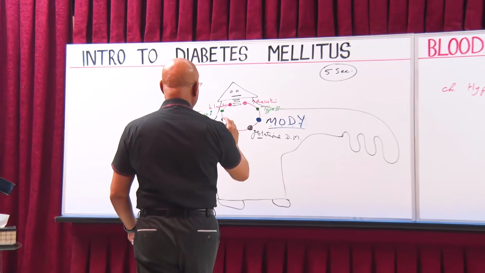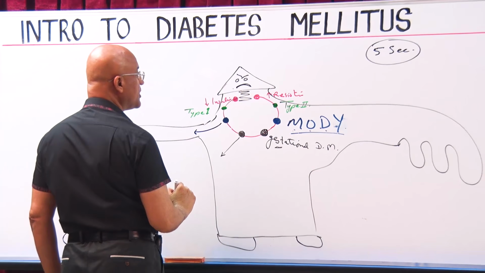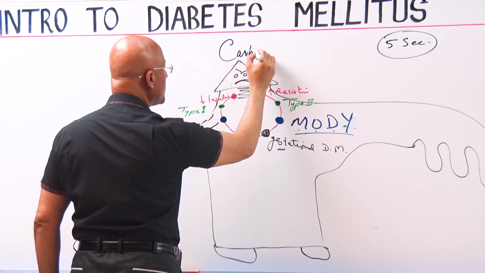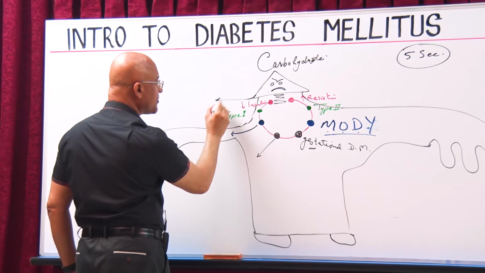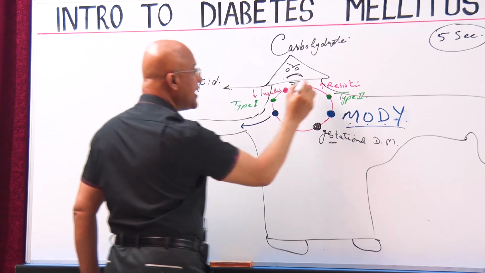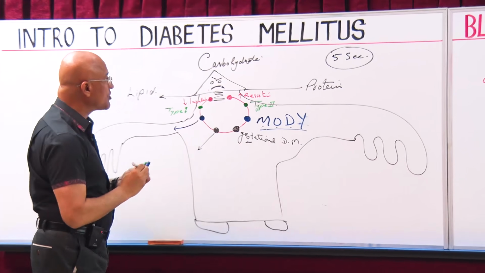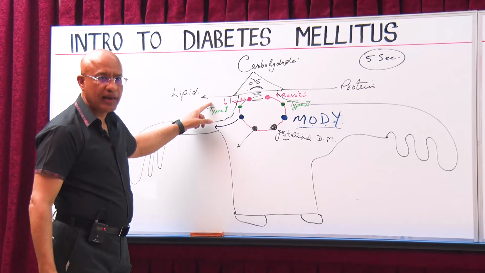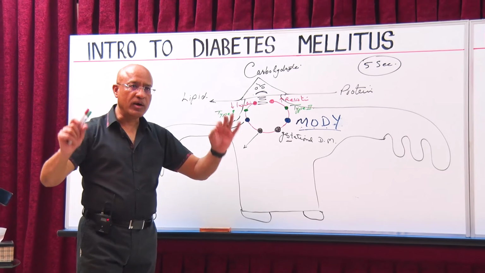So in this monster, a simple and innocent doctor will think that carbohydrate metabolism is disturbed. But actually, lipid metabolism is also disturbed and protein metabolism is also disturbed. Of course, we will discuss all these disturbances in the metabolism in later lectures.